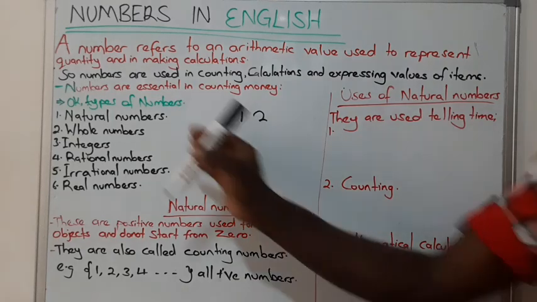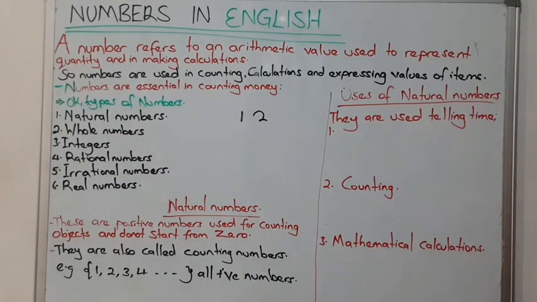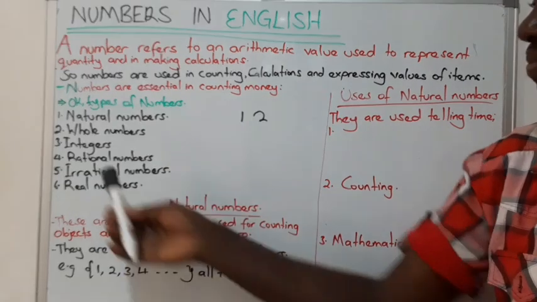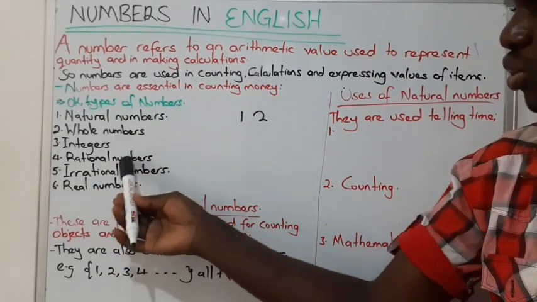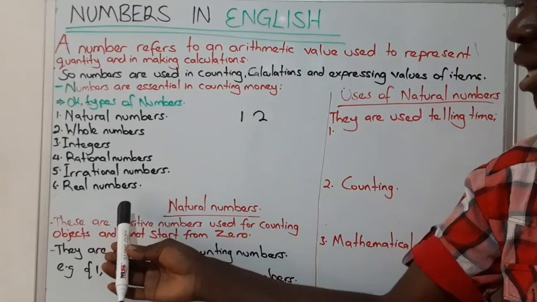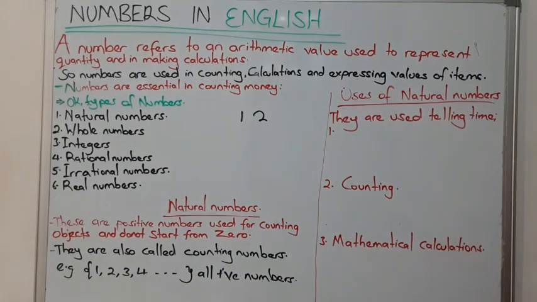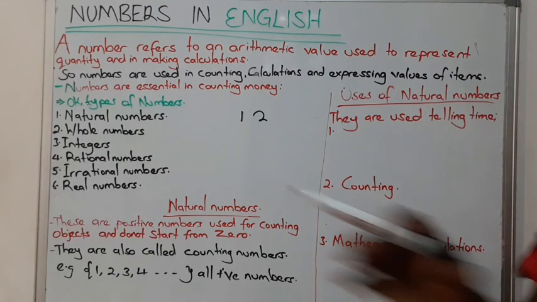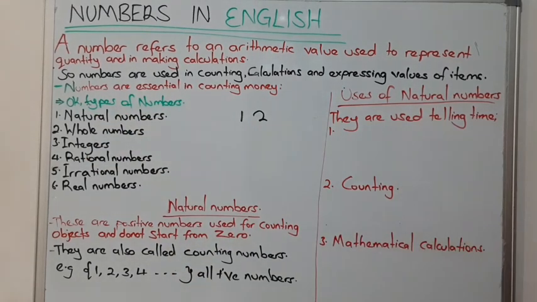Don't worry, we shall look at each of these in detail. Other categories of numbers fall under these, like even numbers and odd numbers. We shall look at them under whole numbers.